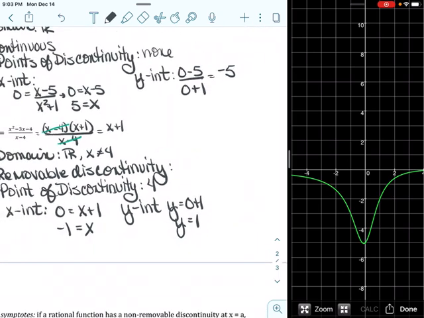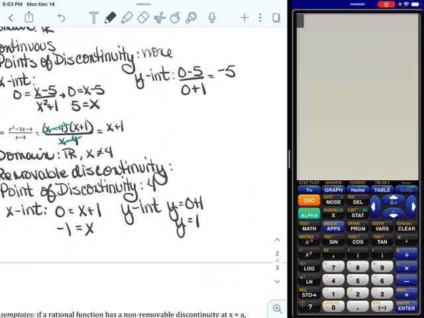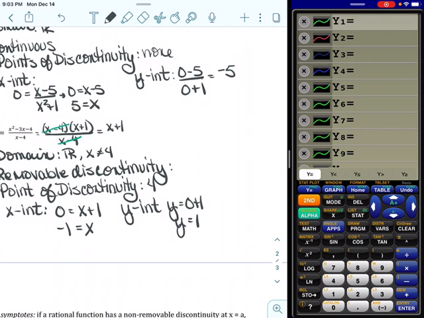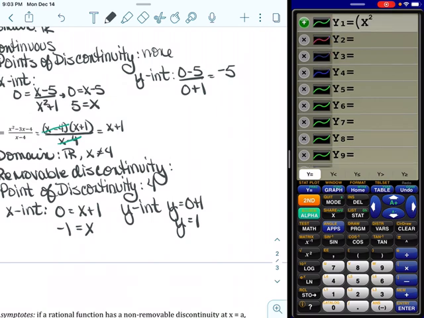All right, so let's take a look at what the graph of that looks like. And hopefully I'll be able to, let's try that again. X squared minus 3x minus 4 divided by x minus 4.